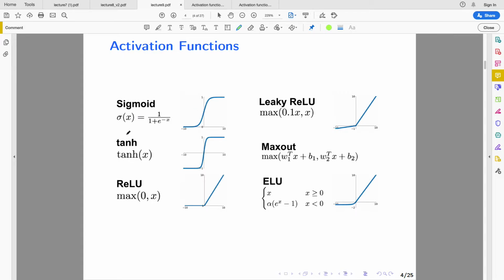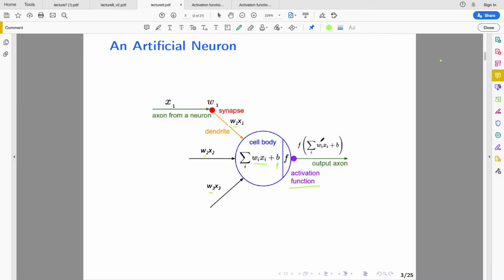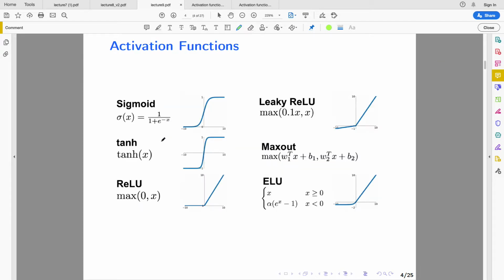So you have sigmoid. X is our input. In this case, our x will be the whole of this in brackets passed to the sigmoid, and it uses this formula to compute the output.